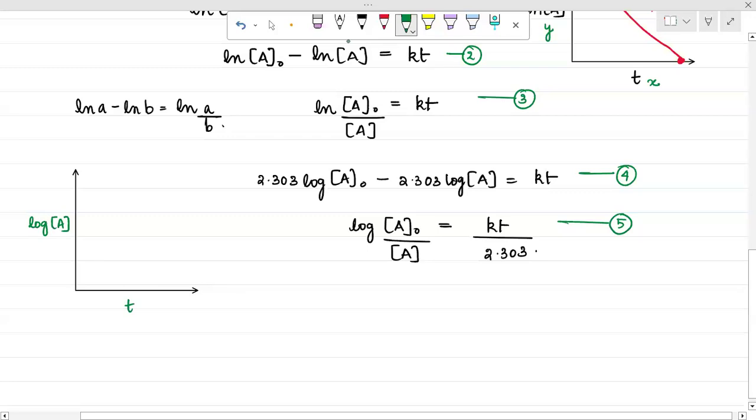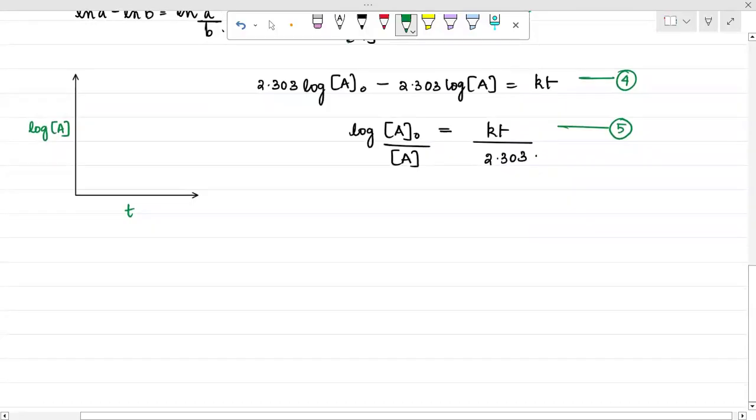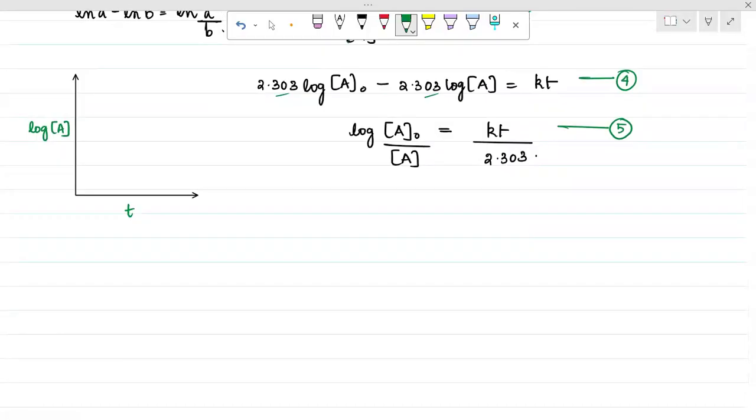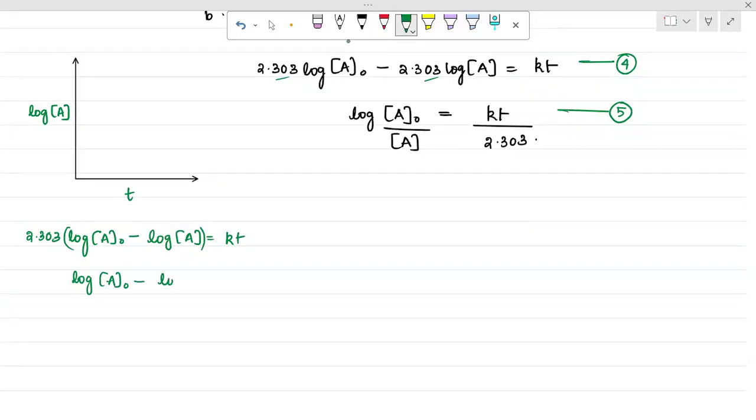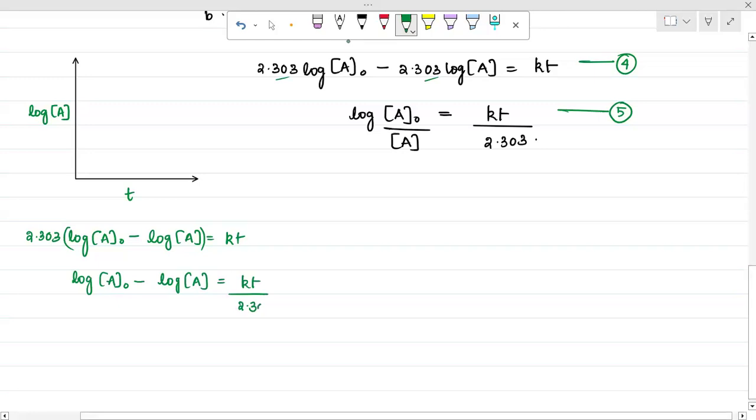So what are the changes? Let's take 4 and rearrange. In 4, 2.303 is common, correct? So I'll take that outside. So it becomes 2.303 times log A0 minus log A is equal to kt. I'll take 2.303 to the other side. log A0 minus log A is equal to kt by 2.303.